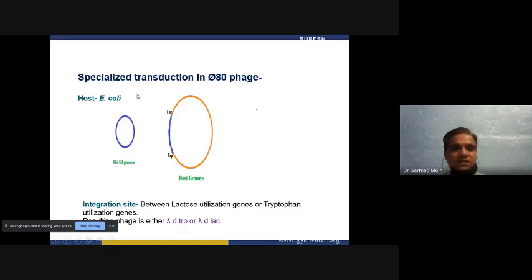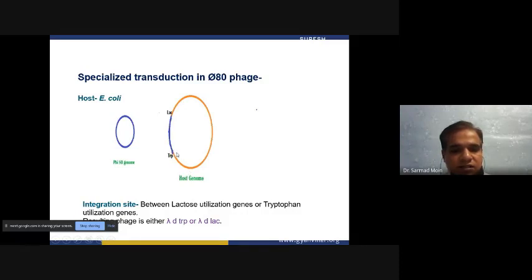When it is in the phage particle, it is not circular. It is linear, double-stranded DNA, and we call this specialized transduction because it will attach in between the lactose utilization gene and the tryptophan utilization gene.